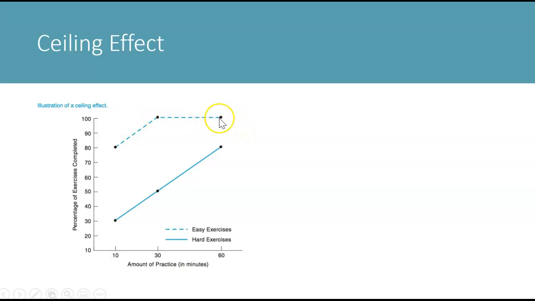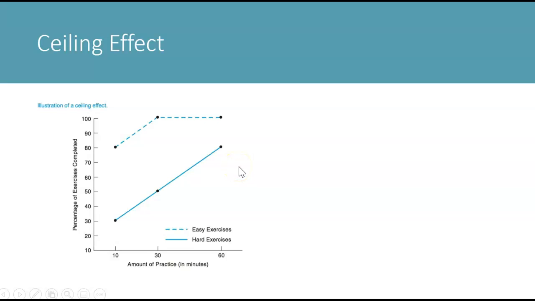If the participants hit the ceiling on this easy task, it appears that they've leveled out, when in fact, if the task was a different kind of task, you wouldn't see that leveling out. That leveling out creates the artificial appearance of non-parallel lines. If you could go beyond that ceiling, like greater than 100%, then you would see continued parallelism.